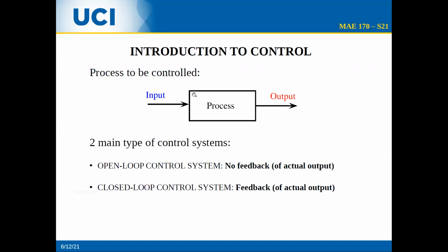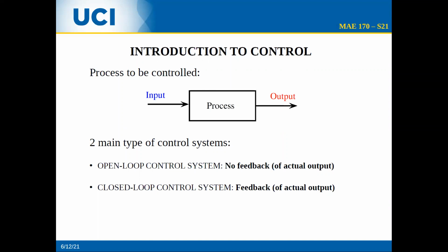All right, so let's go back to just a visualization in terms of block diagrams of the process. So the process is what we want to control. We can visualize the process as a black box, which is given an input, and then will spit out an output.